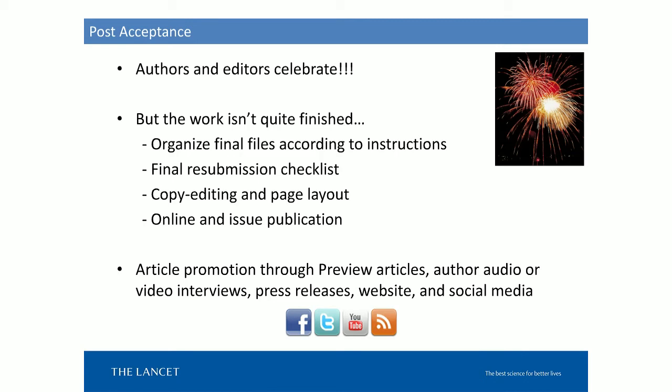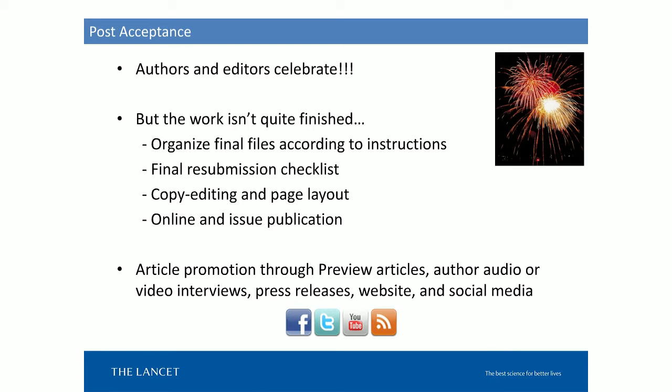There may well be some items on the checklist which have not been completed. For example, you may not have provided all your conflict of interest forms, and we will ask you to do that at the acceptance stage. And then, of course, we go through the copy editing and the layout.